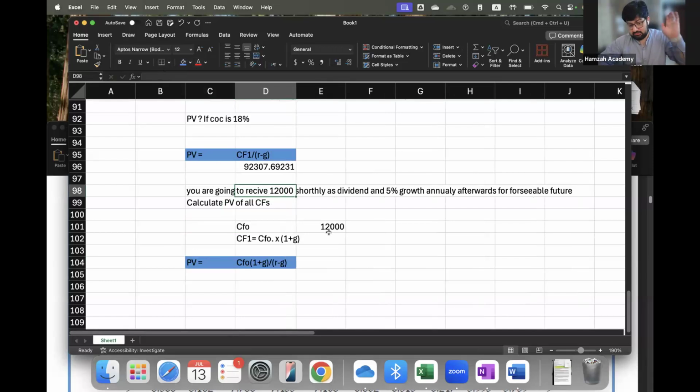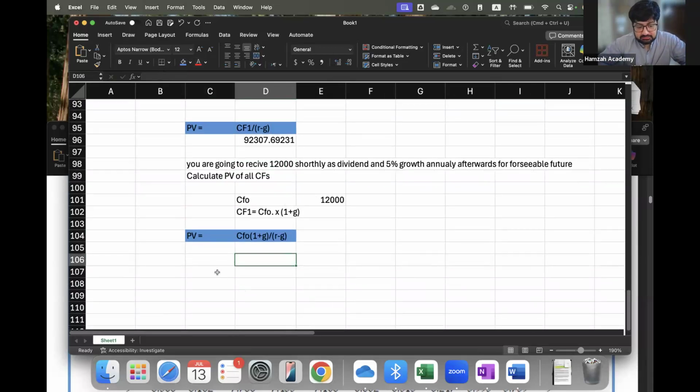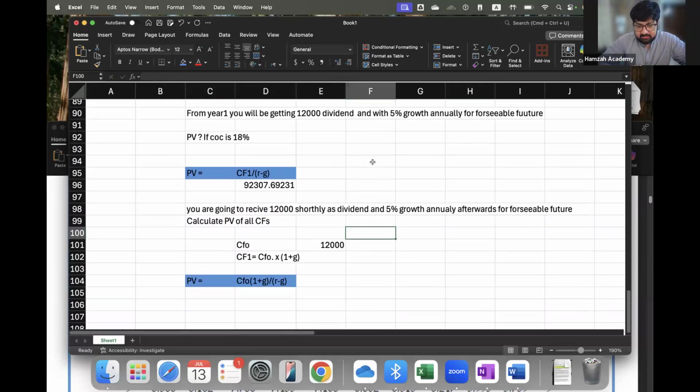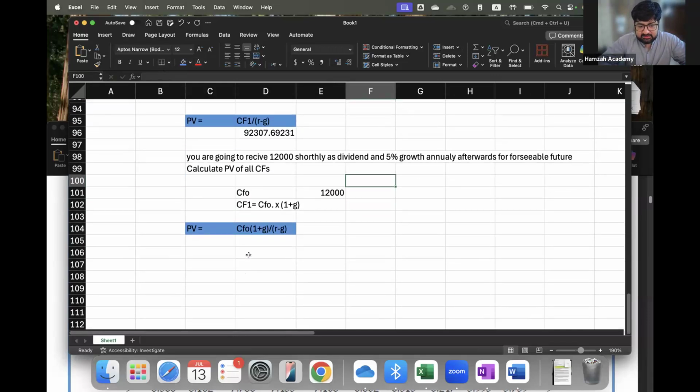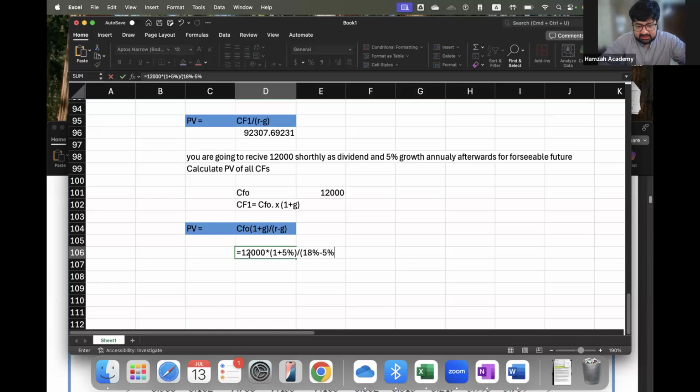Okay, the data. Now, for example, cost of capital is the same, yes, 18%. So CF naught, 12,000 into 1 plus growth rate, 5%, over R, 18% minus growth rate, 5%.